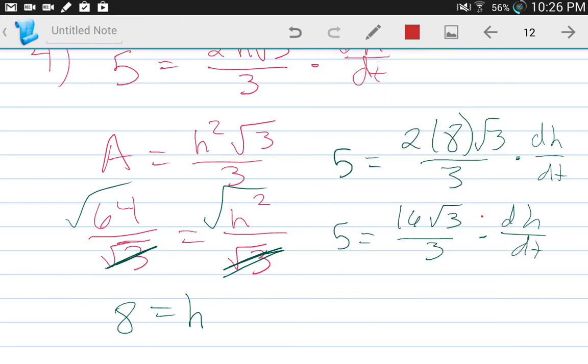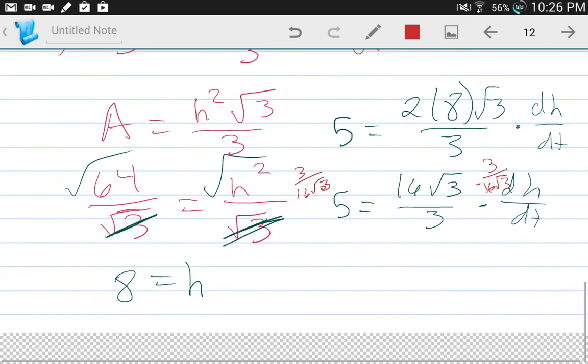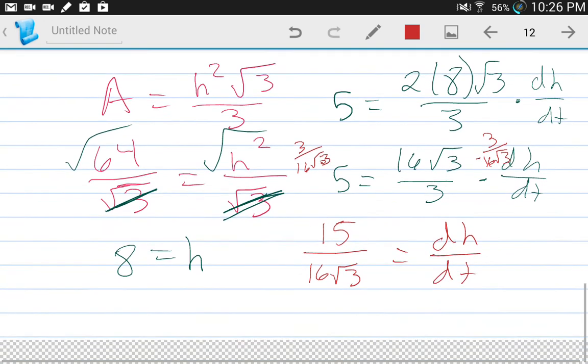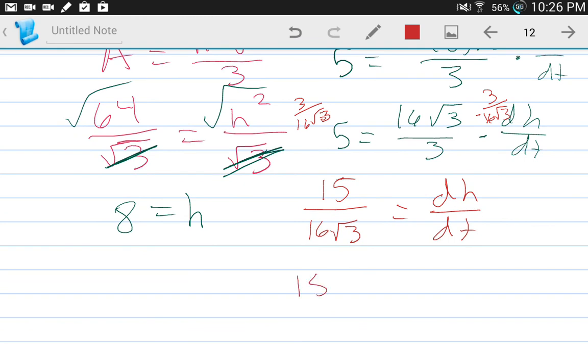So I'll multiply both sides by the reciprocal, 3 over 16 radical 3, and we'll get 3 times 5 is 15 over 16 radical 3 equals dh over dt, and then that's 15 radical 3 over 48.